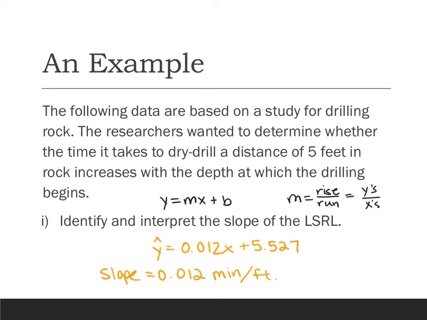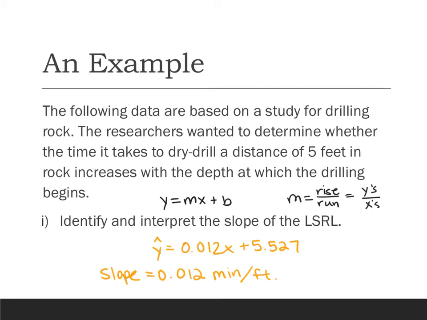Now, what does that mean? That's kind of weird. That seems strange. Minutes per foot instead of feet per minute. But we're not talking about the speed of drilling a certain distance. We're talking about how long it takes based on a starting distance. We got to really understand that problem that we're talking about.